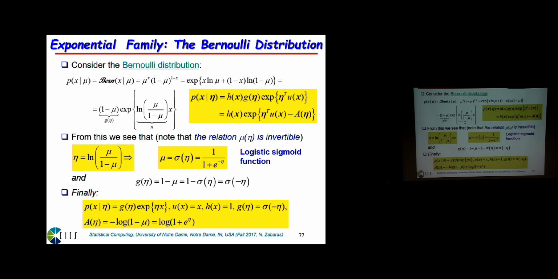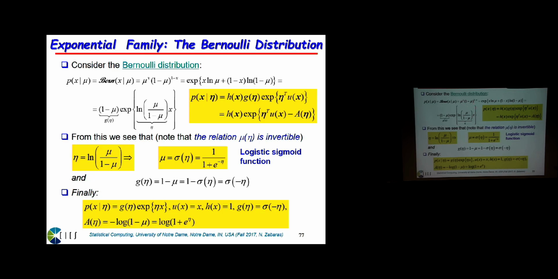So we're asking, is this an exponential family distribution? Well, if you get trained to do these tricks, can I write this as the exponential of x log mu plus 1 minus x log of 1 minus mu? I mean, this is log of mu to the power x, this is log of 1 minus mu to the 1 minus x, all right? And I have the exponential, and if I get rid of the exponential of the logs, I get back to this, all right?